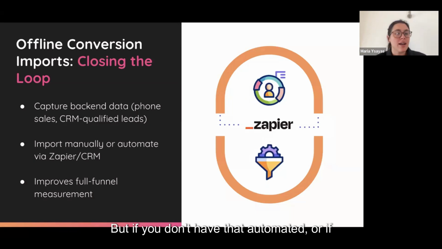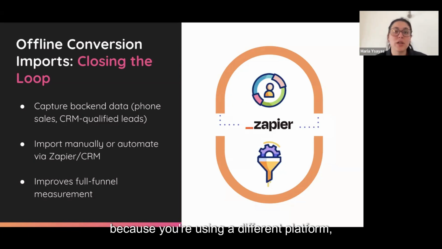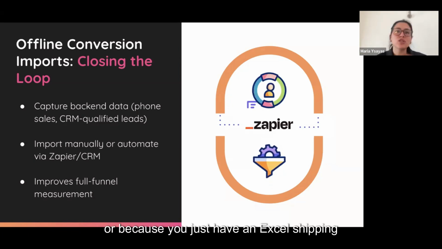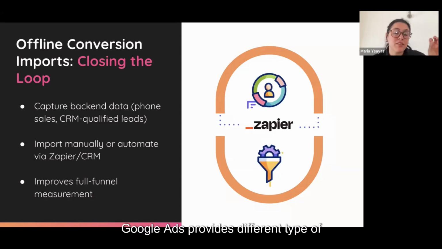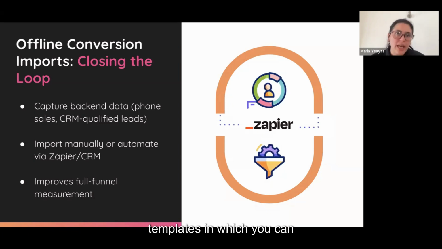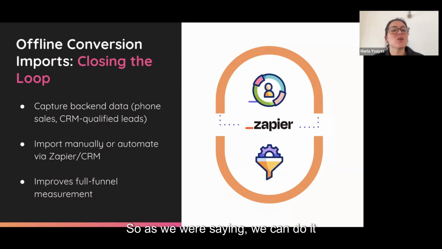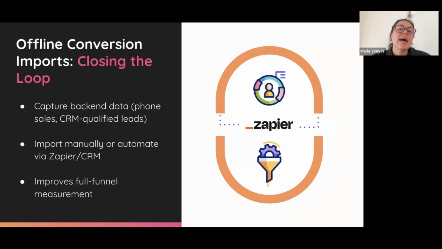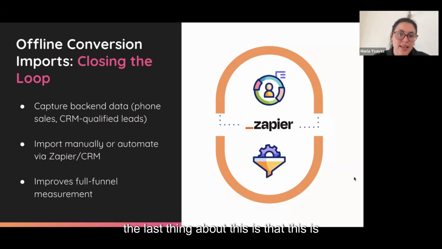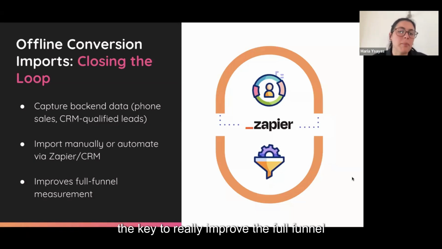But if you don't have that automated, or if you cannot have this type of connection because you're using a different platform, or because you just have an Excel sheet in which you record the information, Google Ads provides different types of templates in which you can upload that data. As we were saying, we can do it automatically or import it manually. And the last thing about this is that it is key to really improving full funnel measurement.